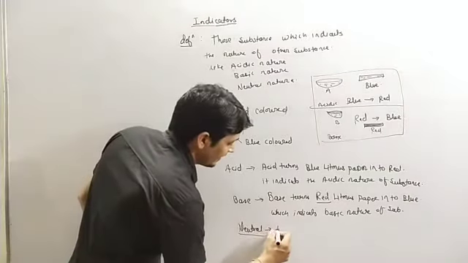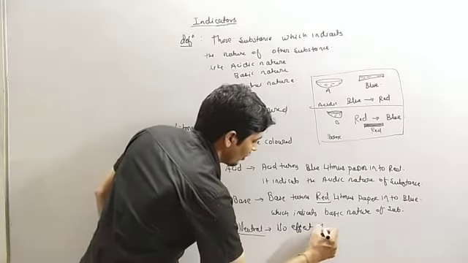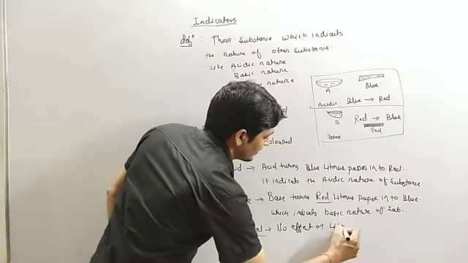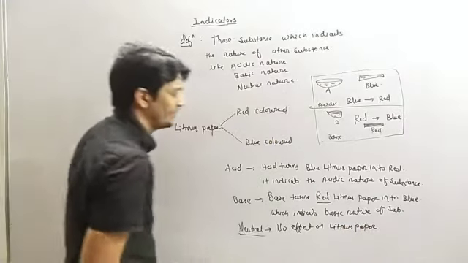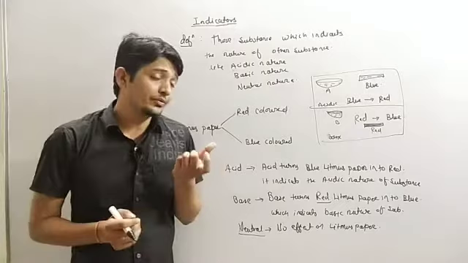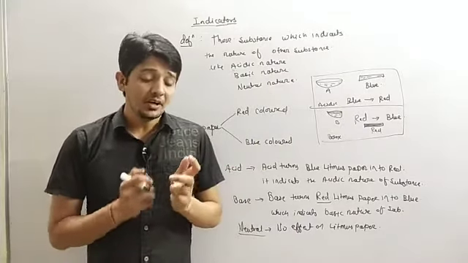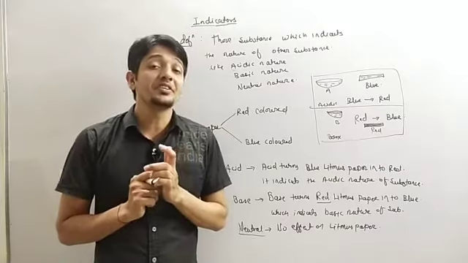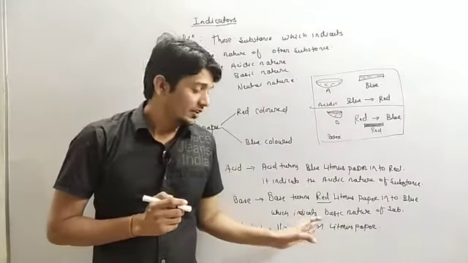So we can write here: no effect on litmus paper. So on the basis of the changes in color of the litmus paper, we can decide whether the sample substance is of acidic nature, basic nature or neutral nature.